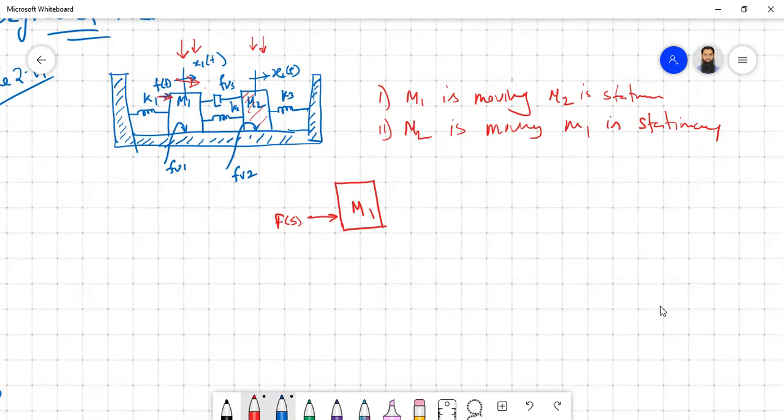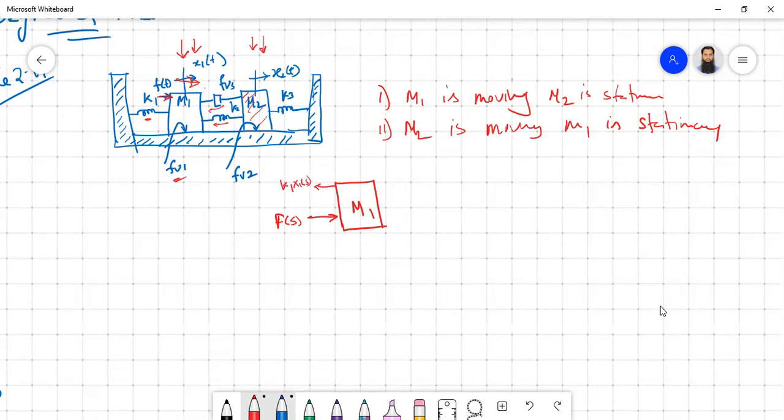These will be produced by K1, the friction as well, and these two also will try to repel in the opposite direction. So because of K1, you will have K1 X1(s).